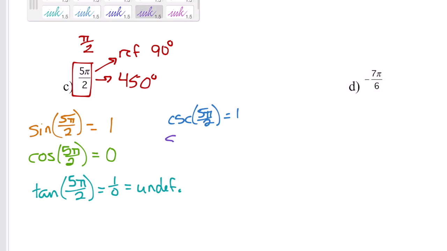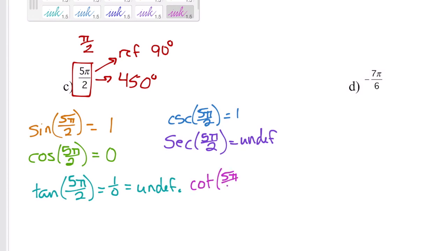And then my secant of 5 pi over 2, I'm flipping, so I could say 0 over 1. And because I'm flipping that, I would have a 0 on the bottom, so this is undefined. And then the last one, cotangent of 5 pi over 2. Instead of 1 over 0, I would have 0 over 1, which is just 0. So just because tangent is undefined doesn't mean cotangent is also going to be undefined.